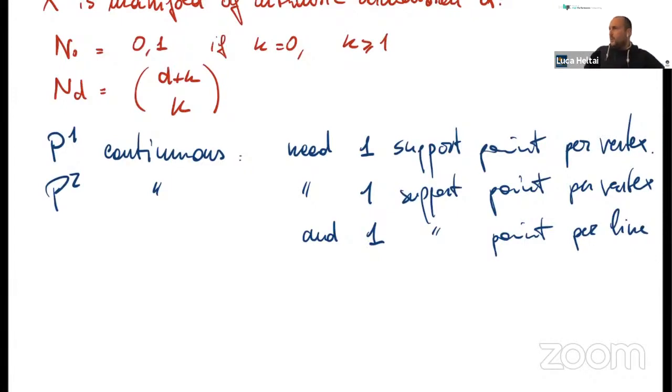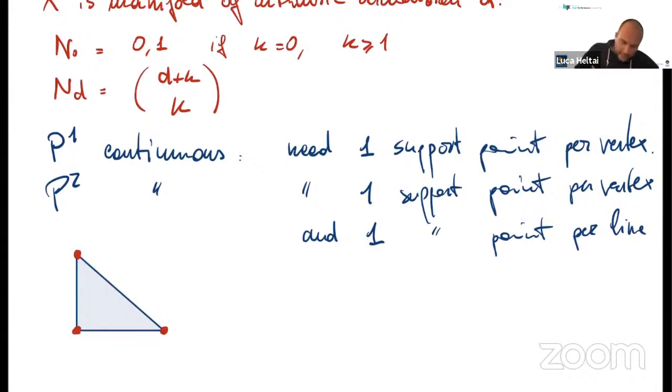If you look at it in this way, with one support point per line, you exhaust all support points for the dimension of P2. So in 2 dimensions, for example, for P2, you get the situation in which you have that. You have 1, 2, 3. Those are one support point per vertex.